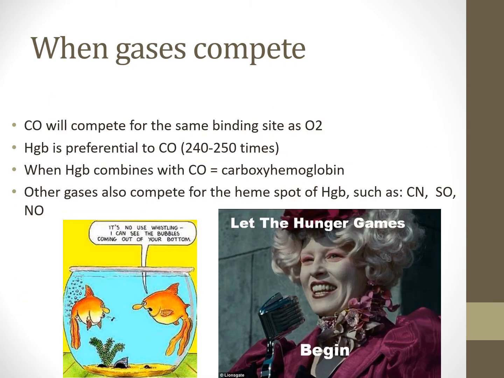All right, so what happens when gas ultimately competes for binding sites? One of the gases that competes for binding sites in your bloodstream is carbon monoxide. So CO there stands for carbon monoxide. This will compete for the same binding site as oxygen, and we already talked about carbon monoxide a little bit.